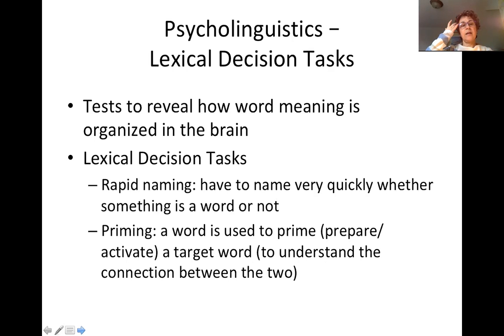Priming is another kind of lexical decision task. The way that goes is that a word will appear on the screen, which is the prime word, like doctor, and then another word will appear, which is the target word, like nurse, and you decide whether the two words are connected or not.